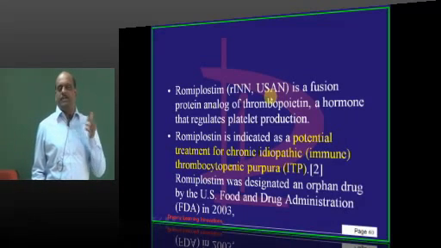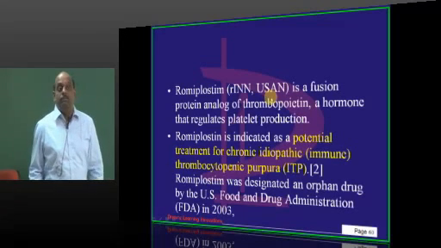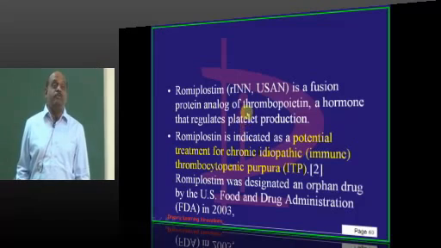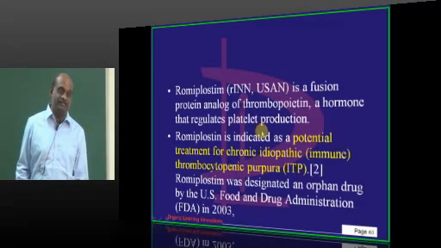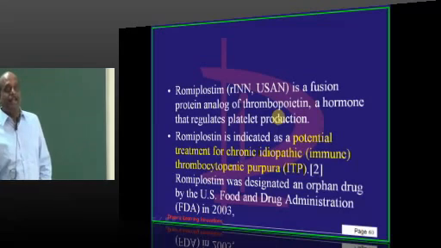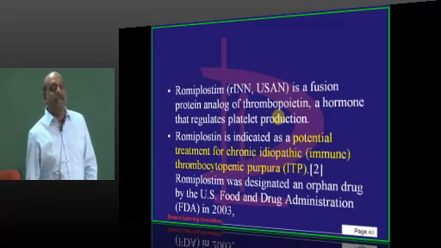You used steroids, you used vincristine, you used every possibility, but still patients' platelet counts are falling. Ultimately, you will be forced to do splenectomy. ITP. And what is the paradox about ITP? In ITP, there will be no splenomegaly. Though there is no splenomegaly, splenectomy is the treatment of ITP. That is the paradox about ITP.